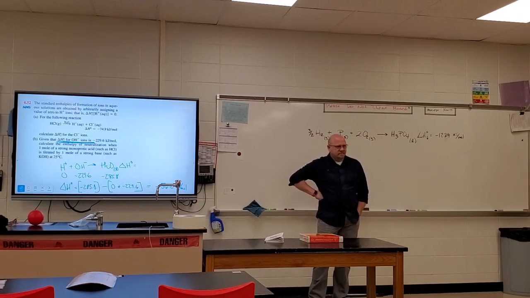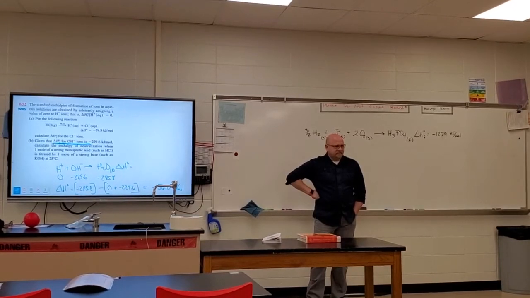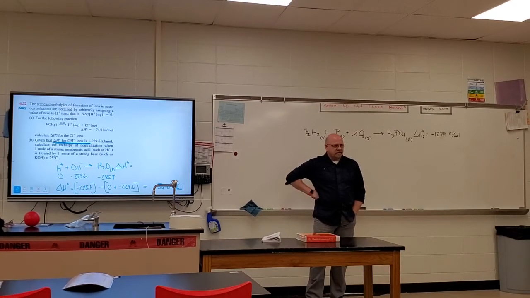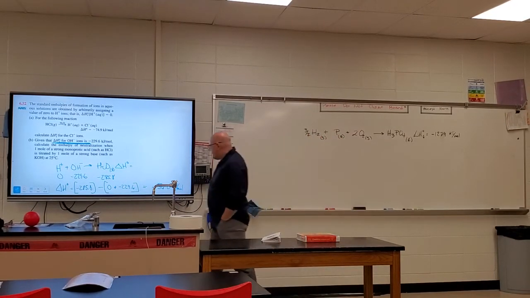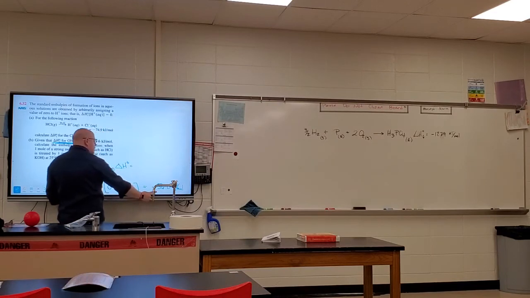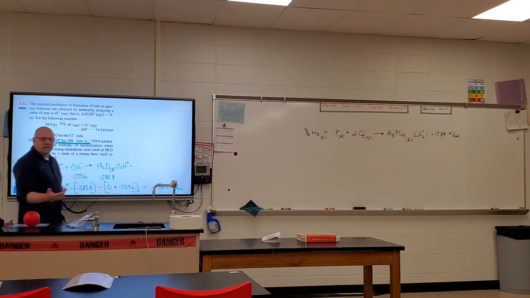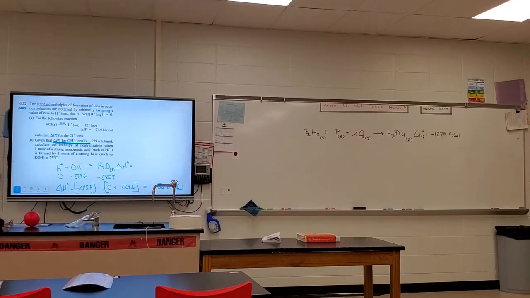Negative 57, negative 58. Class, this value right here is what it should have been close to. Because what did you mix? You mixed nitric acid, which is a strong acid, with potassium hydroxide, which is a strong base.